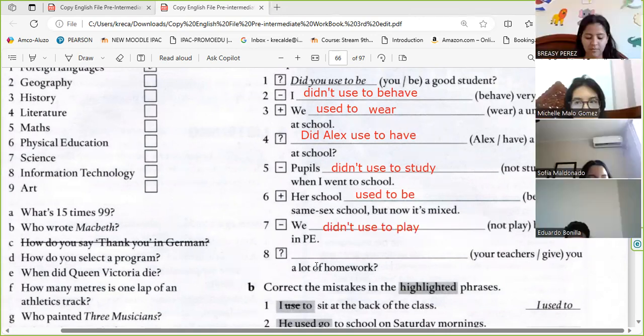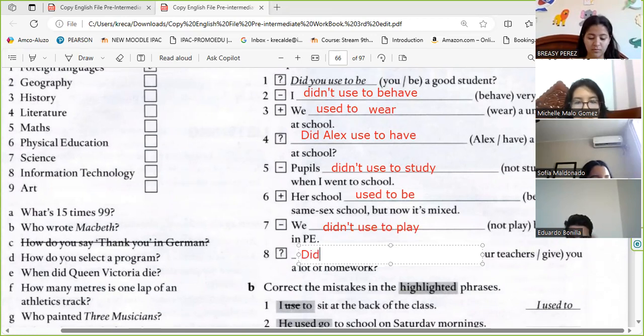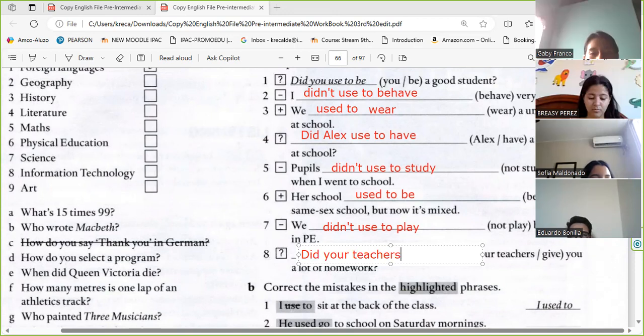And the last one, number 8, is going to be for Michelle. You have a question. Did your teachers used to give? Perfect, my dear. Excellent.